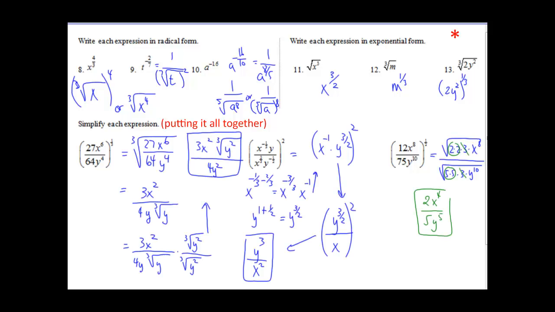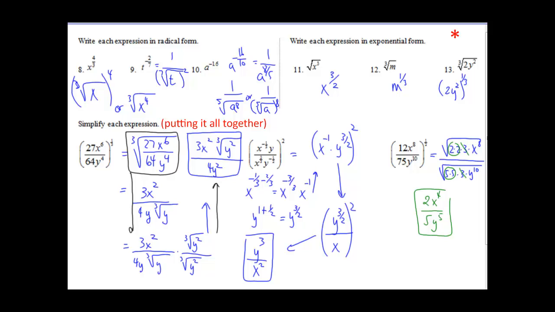Alrighty, hopefully you can follow the work starting here on the right, going down, just following through, coming here, and then finishing. So you should have 3x squared times the cube root of y squared all over 4y squared.